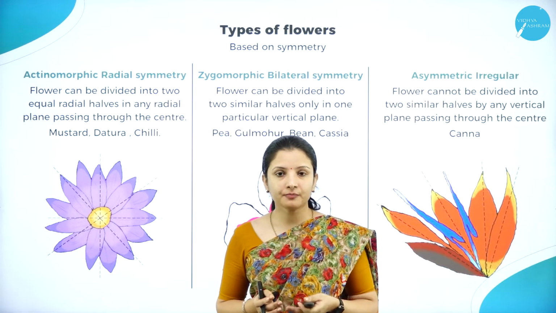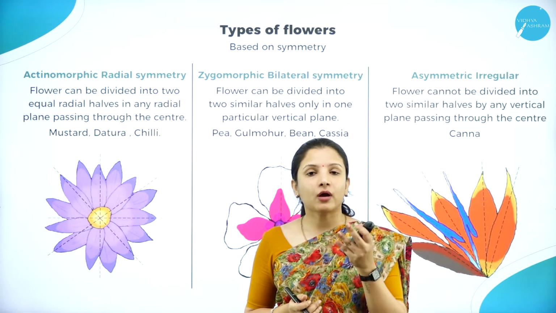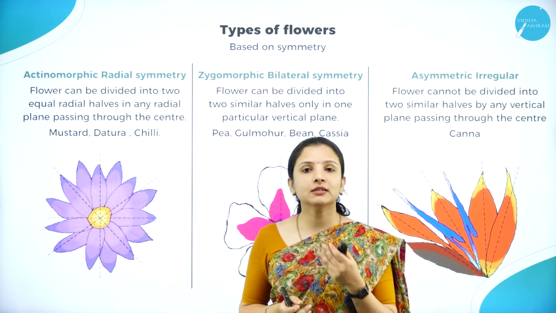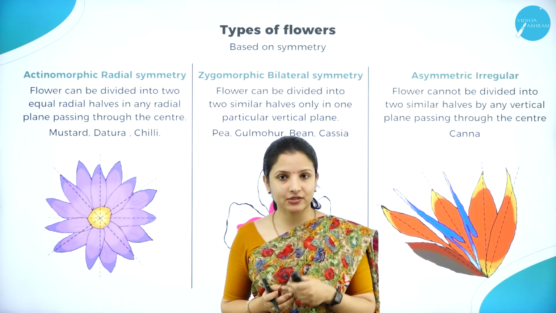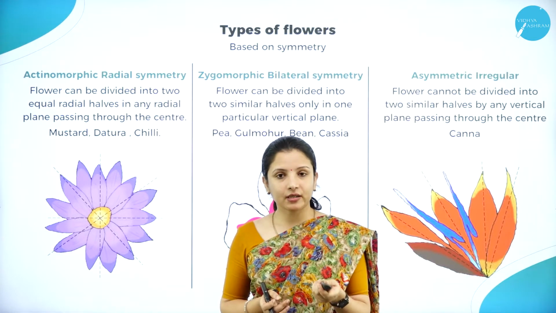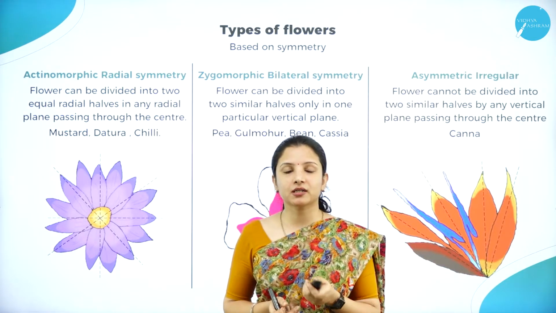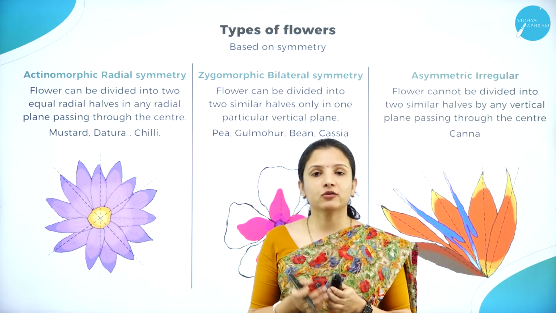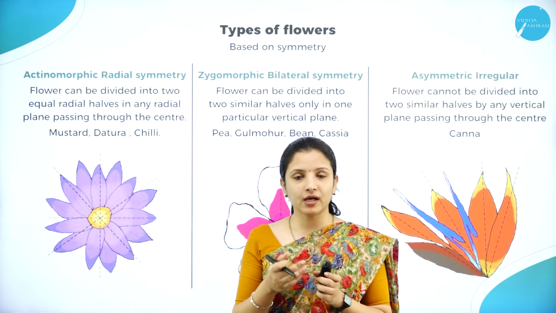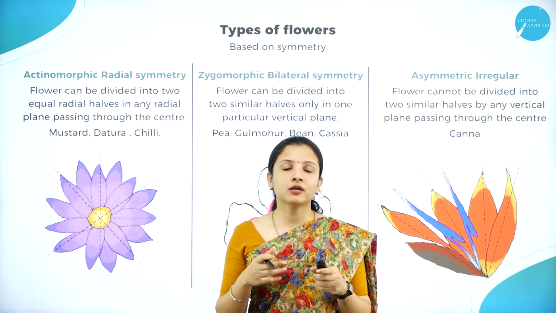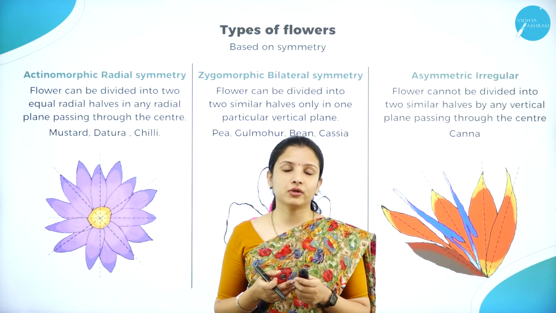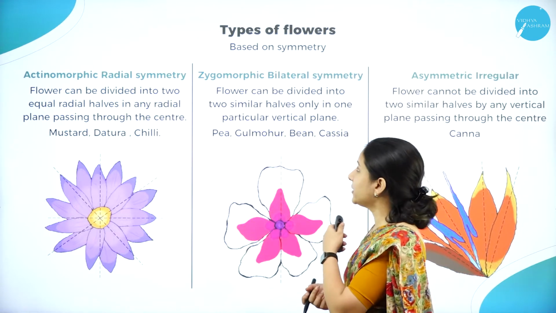If you remember chapter Animal Kingdom, I had told you about the radial symmetry and the bilateral symmetry. So in animals, how the animals can be cut into two equal halves, and also they can be cut into equal halves in different planes, or they cannot be cut into two equal halves. All that is nothing but symmetry.